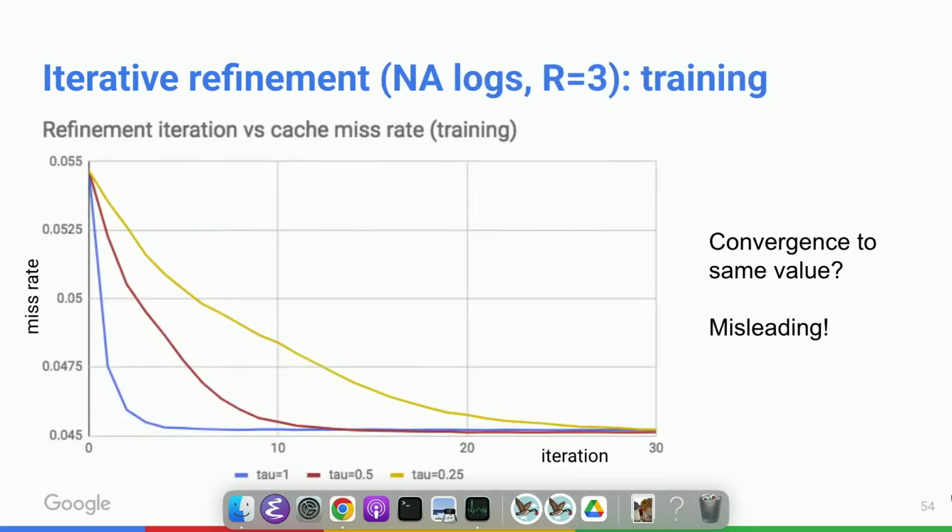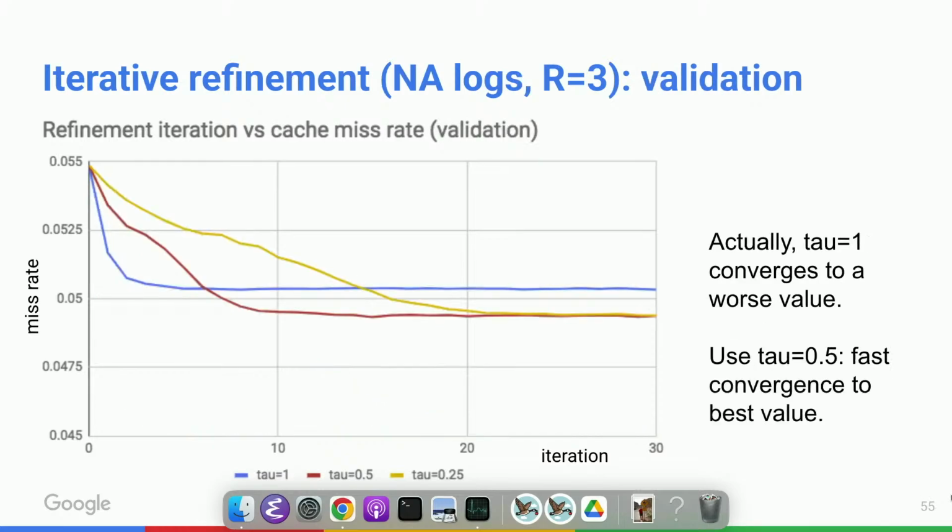All right, so what happens? Here's where we do this with the training logs. We take various step sizes, 1/4, 1/2, 1. 1 looks like the best because it converges really fast, and they all seem to converge to about the same value. But that is misleading because we shouldn't be evaluating on our training data. We should evaluate on our validation set.